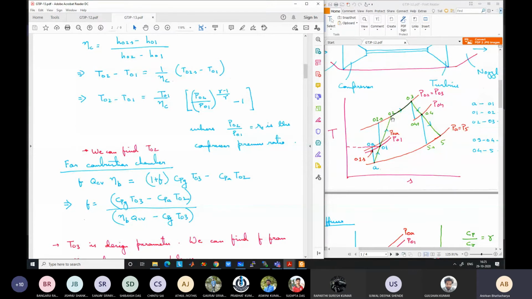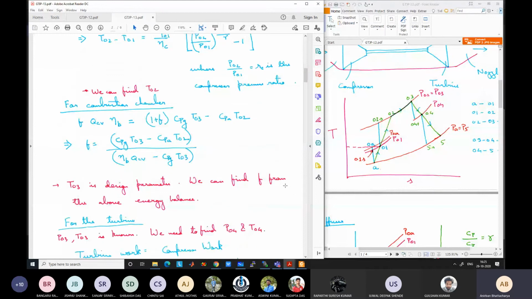T02 we have just now calculated from the compressor. QCV is the calorific value of the fuel, should be known to us. Combustion efficiency also depends on the design process, should be known to us. So the fuel air ratio we can calculate from this, and this will be required for our subsequent calculation. So by energy balance in the combustion chamber, we have calculated the fuel air ratio.